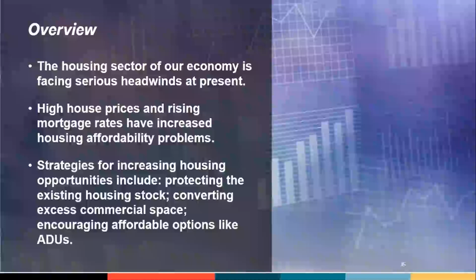We're not seeing people move as much. We are seeing some conversion of excess commercial spaces. I have some interesting insights on that coming up. And we're starting to see ADUs, accessory dwelling units, also emerging. I know California is one of the states that's a little more friendly to ADUs in some of your jurisdictions, but that's a challenge for some other parts of the US.